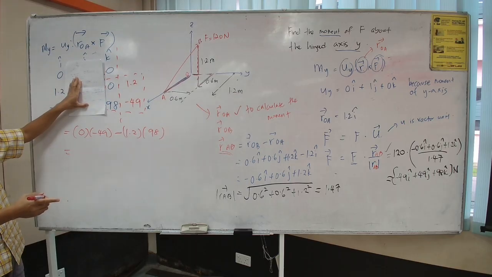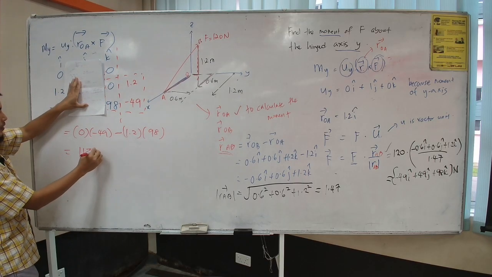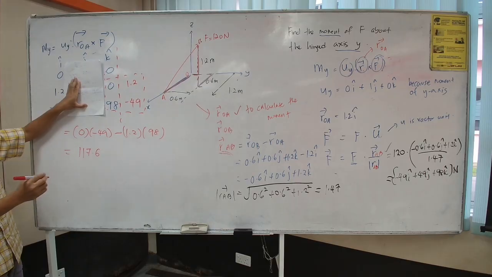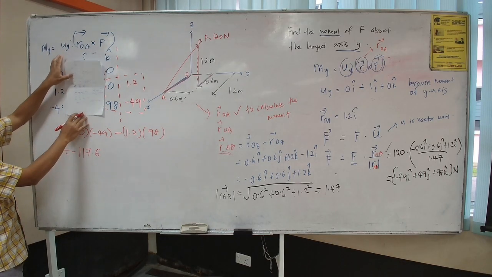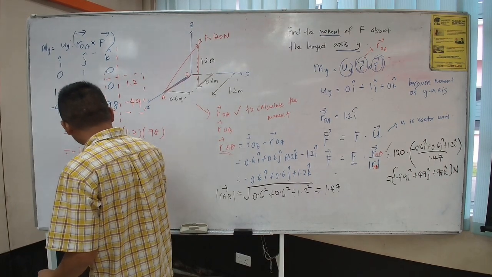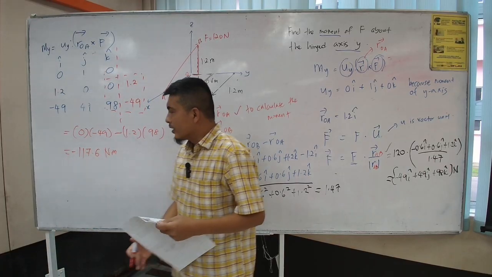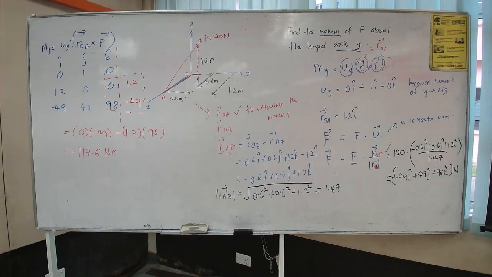What's the answer? 1.2 and 98? 117.6. Positive or negative? Negative. So the moment there, the answer is negative 117.6 Newton meter.